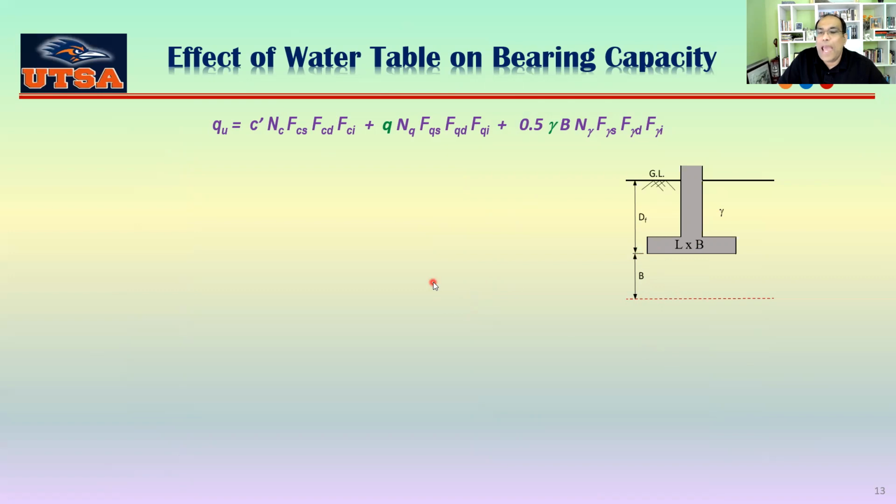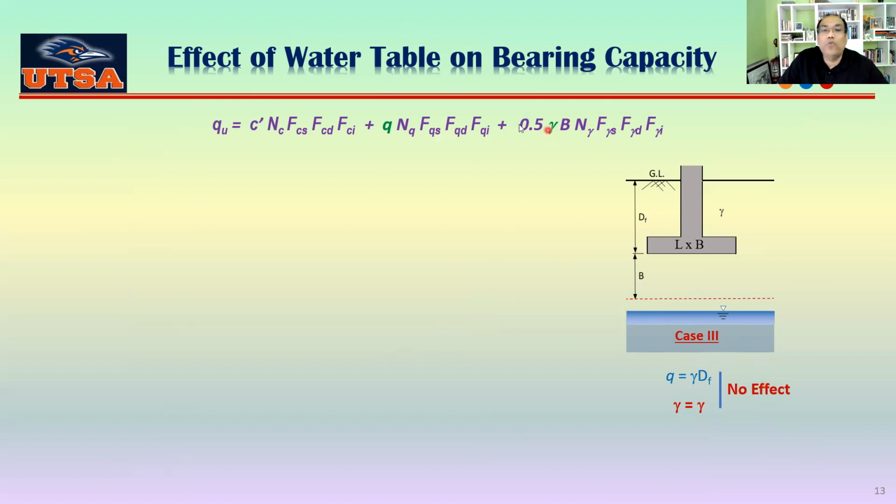Now, if you have a water table which is below that line here, then you don't have any impact on your qu for that water table. So that's why we call that one case 3. I'm showing that there is no effect for that.